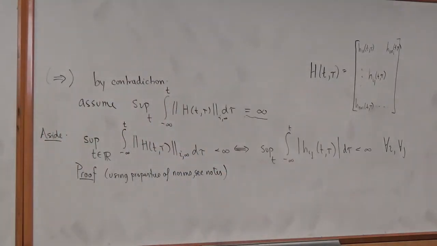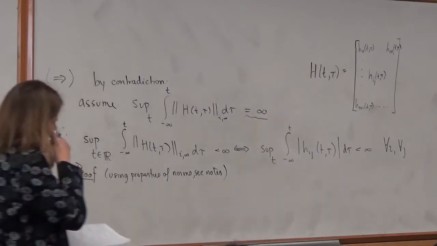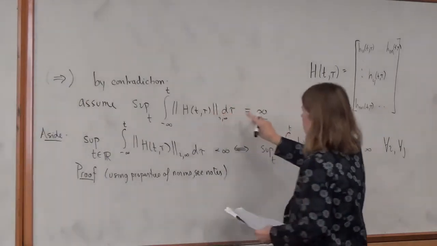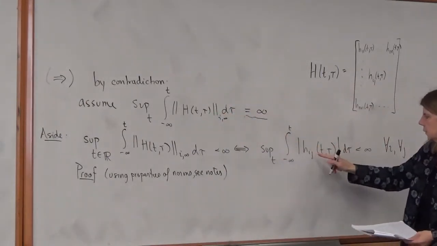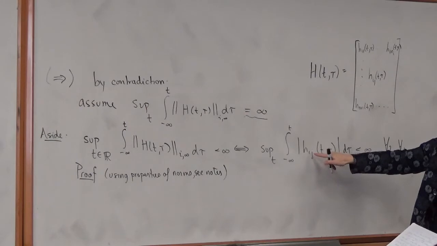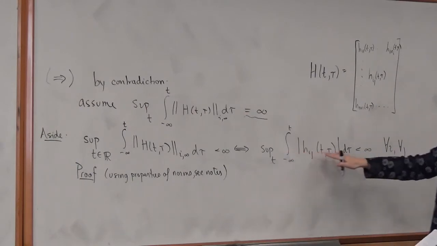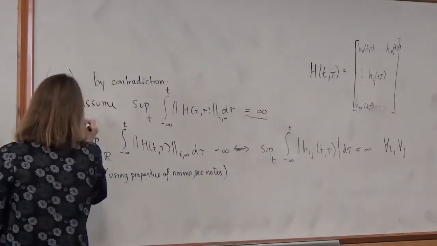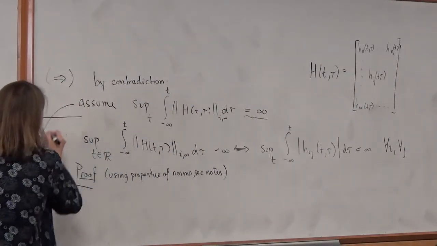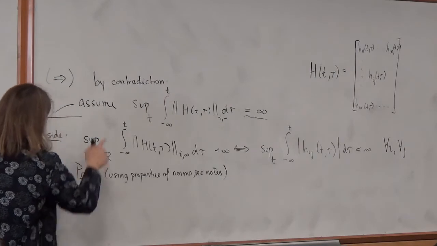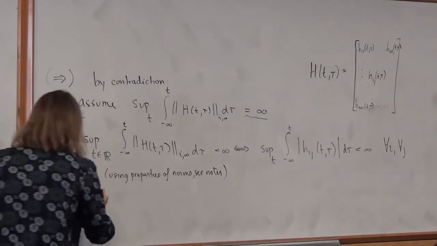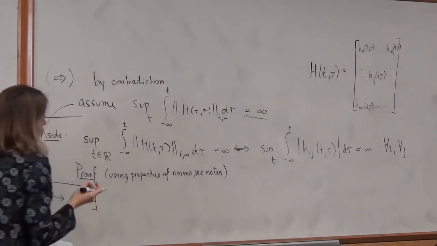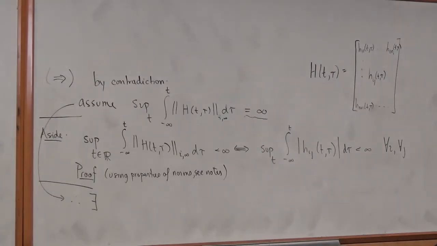Okay, so now our contradiction hypothesis is that if this is infinite, it means that there exists at least one hij for which this is infinite. After the aside, we'll come down here and say, therefore, by this assumption, there exists one index ij, which I'm going to call alpha beta.